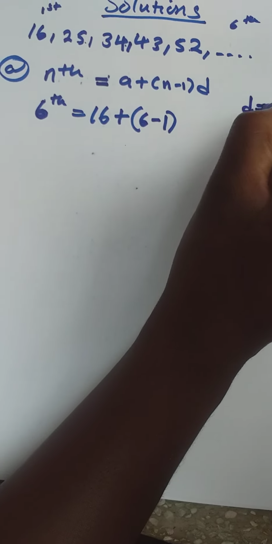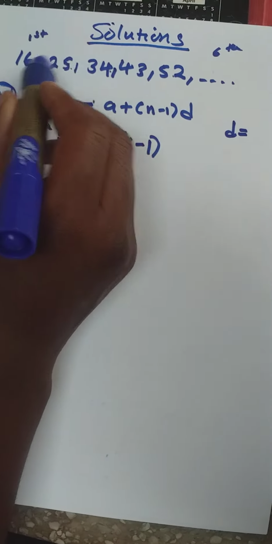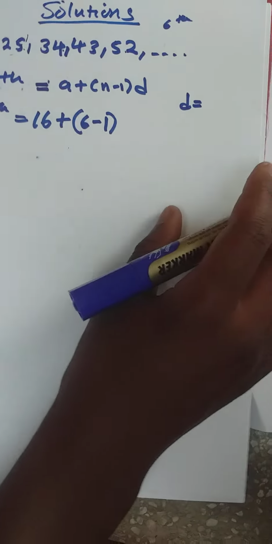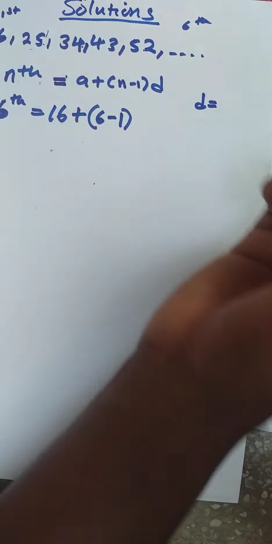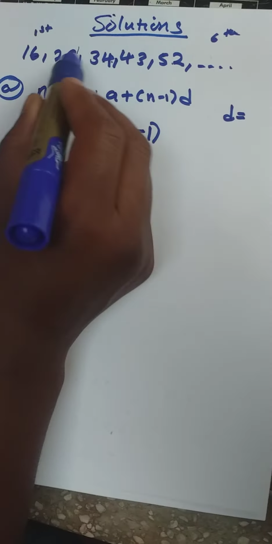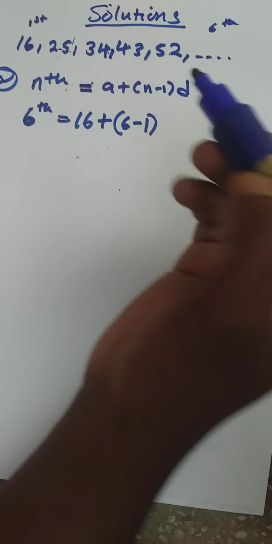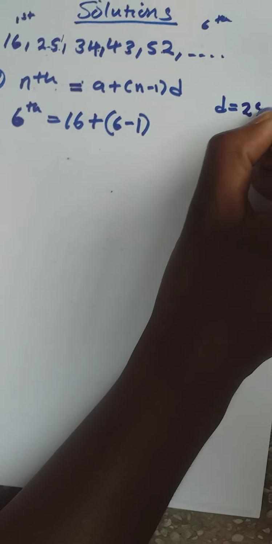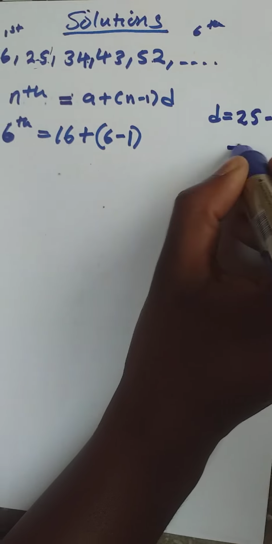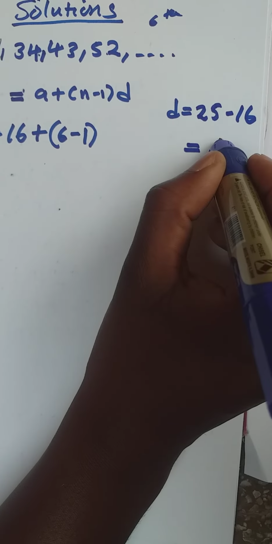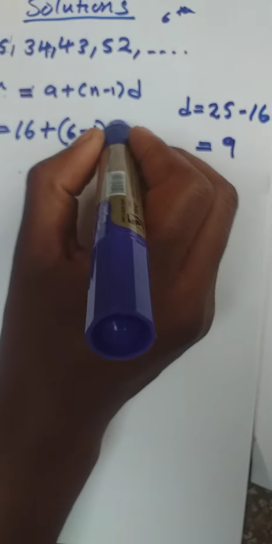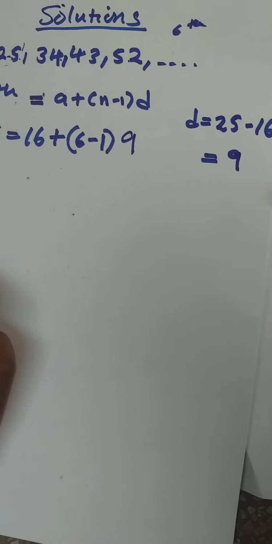For the common difference, you subtract any two consecutive numbers, the second minus the first. So we say 25 minus 16, and what we get here is 9. So our common difference will be 9.